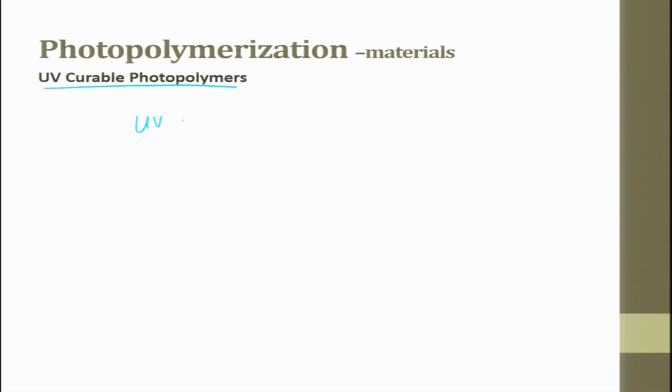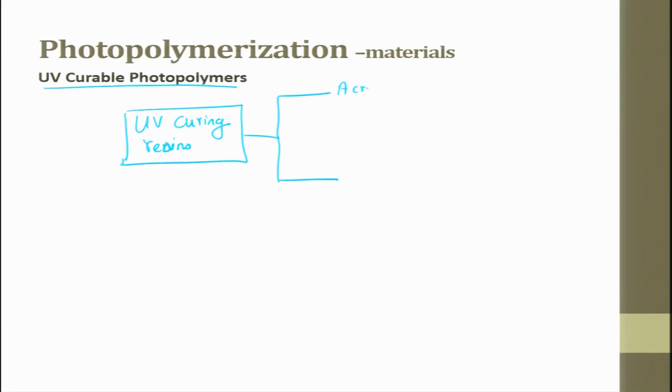So, UV curing resins. They are classified into two. One is acrylate, radical polymerization.